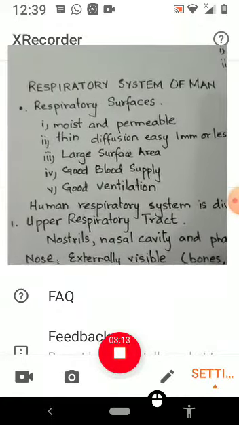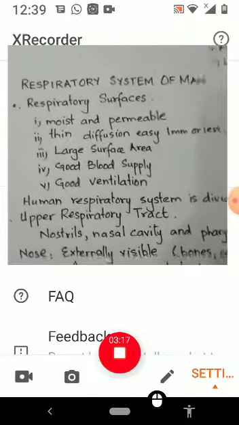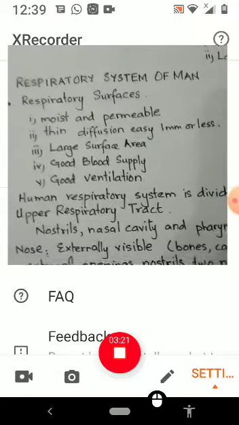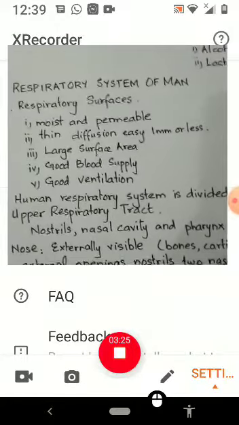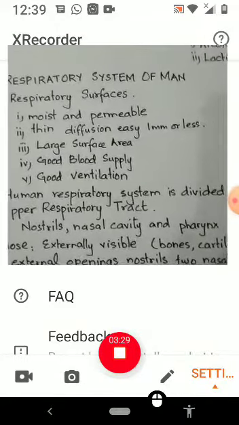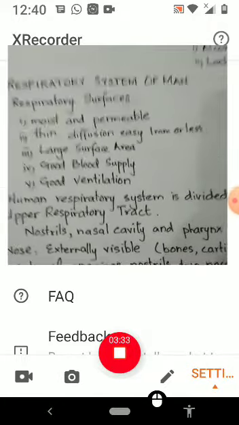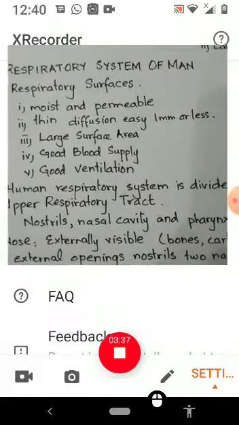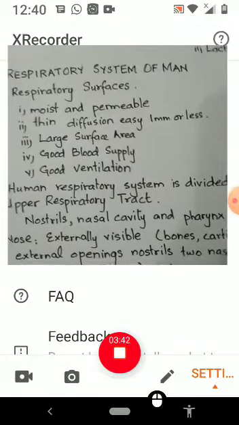Gases can only be exchanged over moist surfaces and those which can penetrate through that surface. It should be very thin to allow diffusion, as diffusion can easily take place in a surface which is 1 millimeter or less. The surface area should be large enough so that a lot of exchange can occur through it.